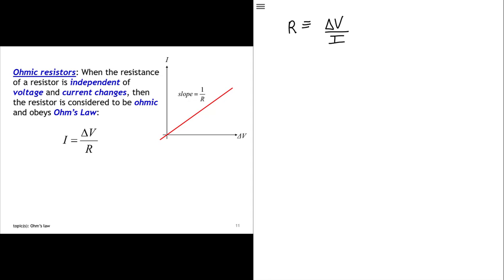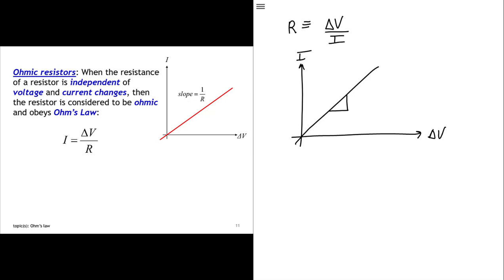So what that means is if we have, as we have graphed here, a graph of potential difference versus current, the potential difference versus current is linear. In other words, for a particular change in potential difference, we will have the same change in current.